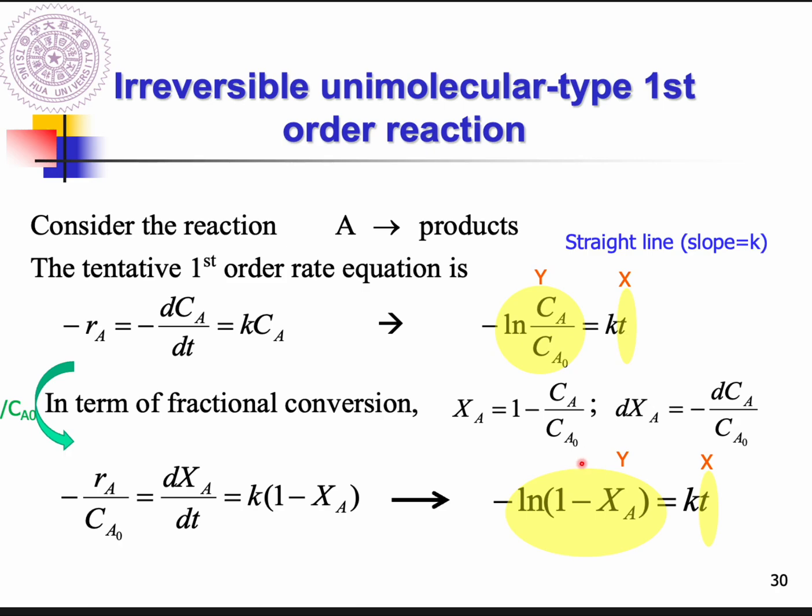So you need to check whether your reaction belongs to first order by using these results. As long as you know it's not, then you can use the half-life time analysis to determine your reaction order and the rate constant. So this is easy. This is the first order reaction.